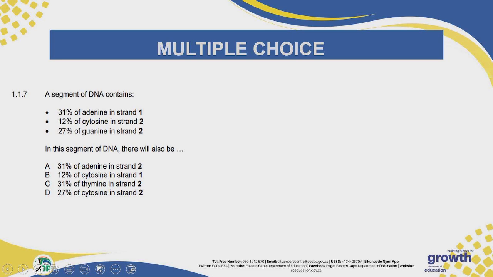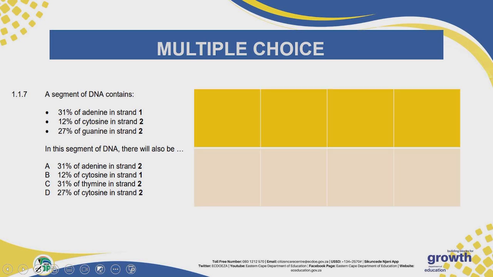Now this is a multiple choice. It's not a level A multiple choice because it involves a calculation. If we read the question, it says a segment of DNA contains 31% of adenine in strand 1. Remember, DNA has got 2 strands. It says there's 31% of adenine in strand 1 and 12% of cytosine in strand 2.